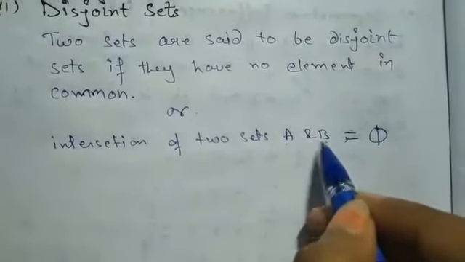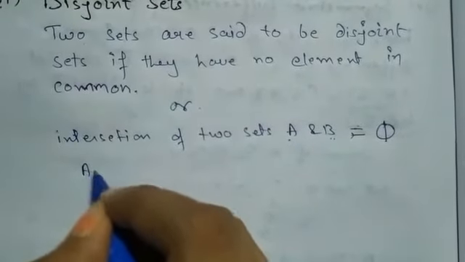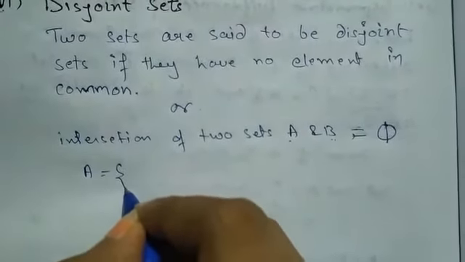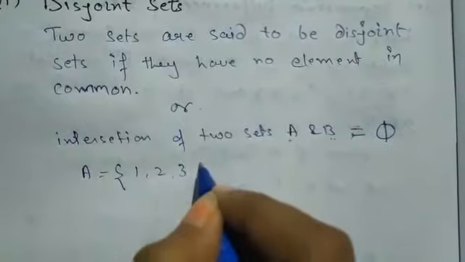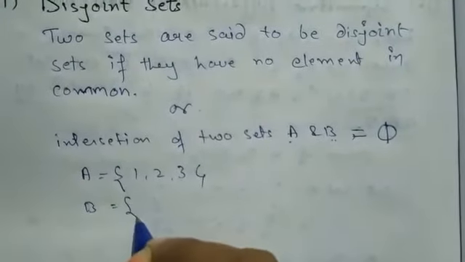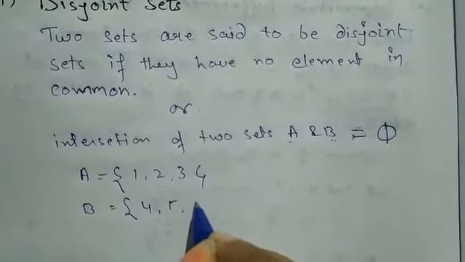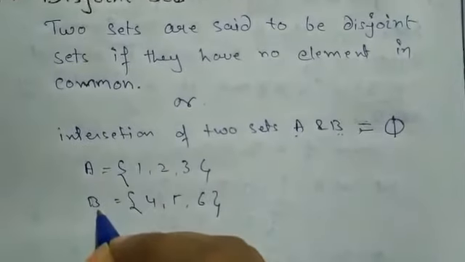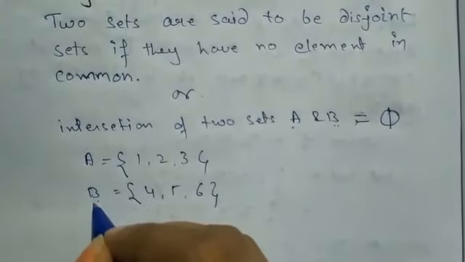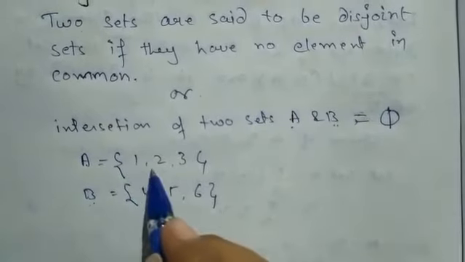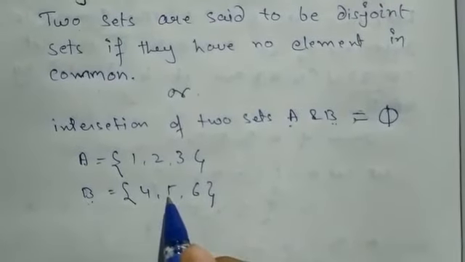For example, let set A have elements 1, 2, 3 and set B have elements 4, 5, 6. Here sets A and B are said to be disjoint sets as they have no element in common at all.